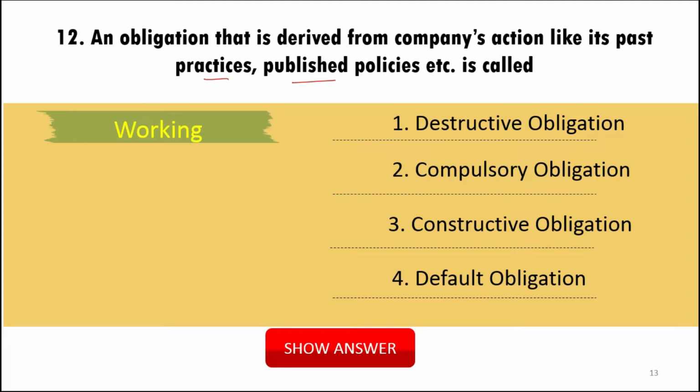It is believed that the company will have such an obligation because of these practices. So such type of obligation is called with a specific term. What is that term? Destructive obligation? No. Compulsory obligation? No. Default obligation? No. It is called constructive obligation.